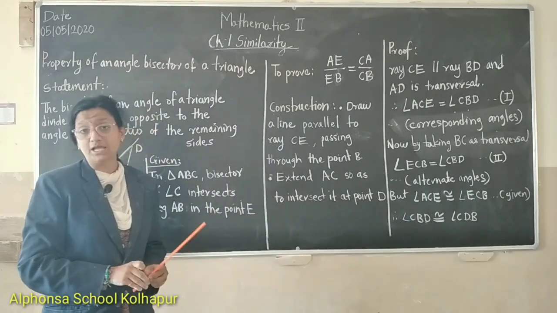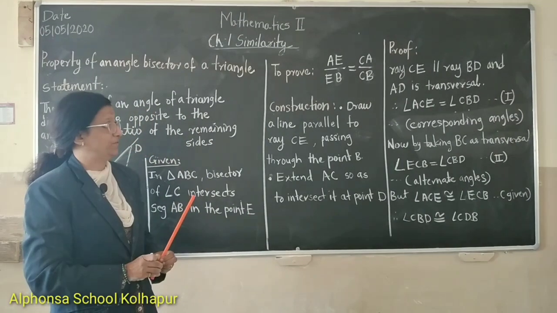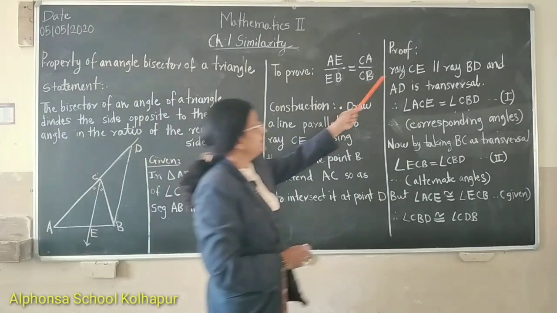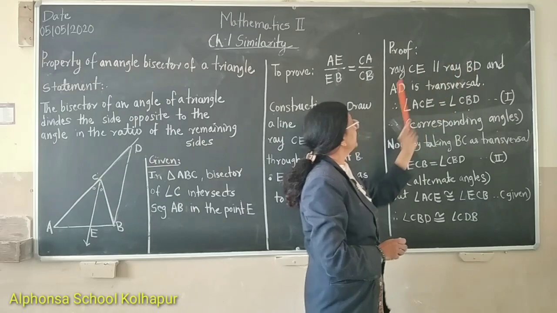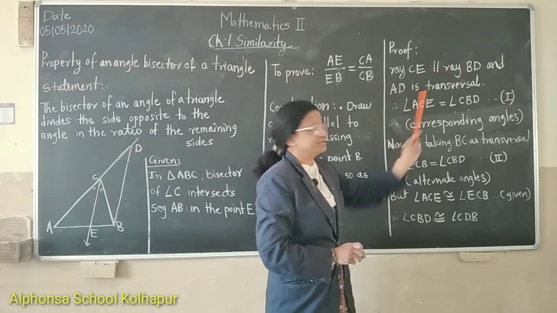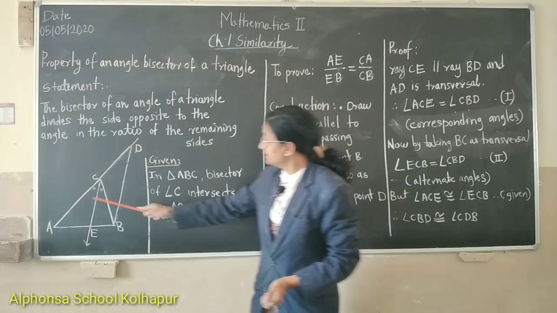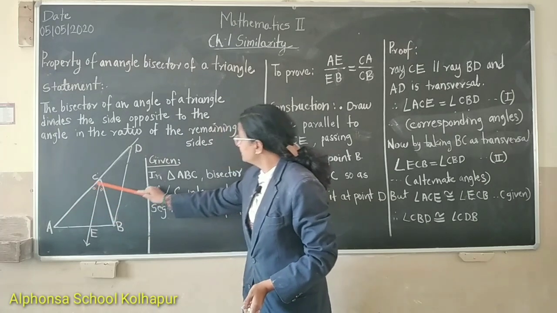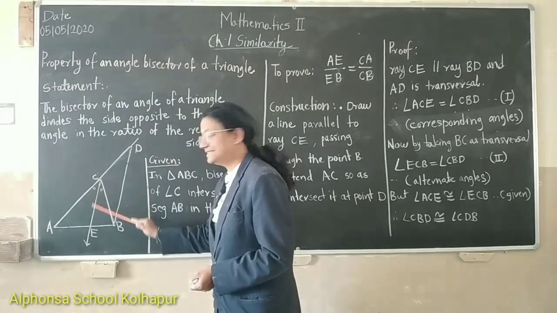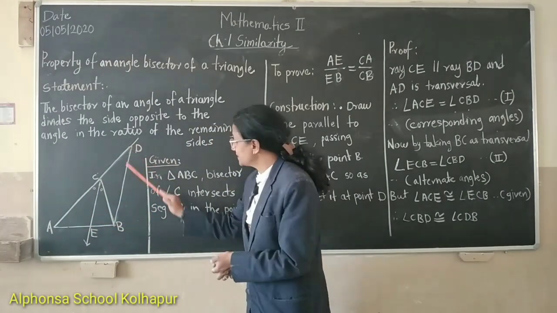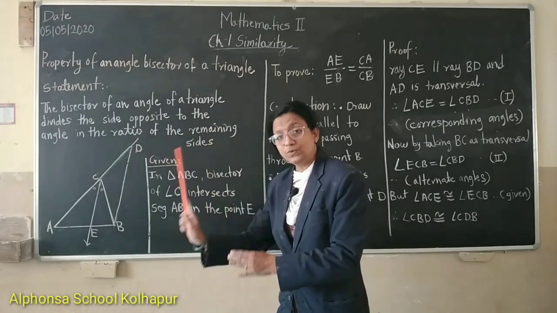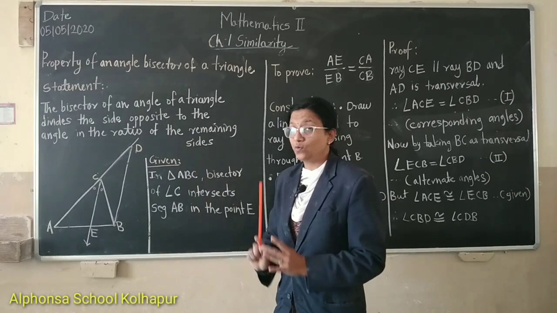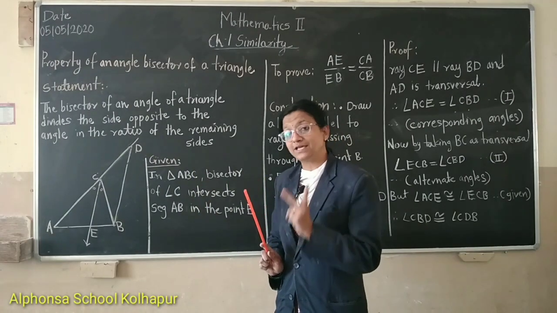Now we shall start the proof. See, ray CE is parallel to BD and AD is transversal. If we consider AD as transversal, ray CE is parallel to side BD. These two lines are parallel. Now we are going to consider two transversals.